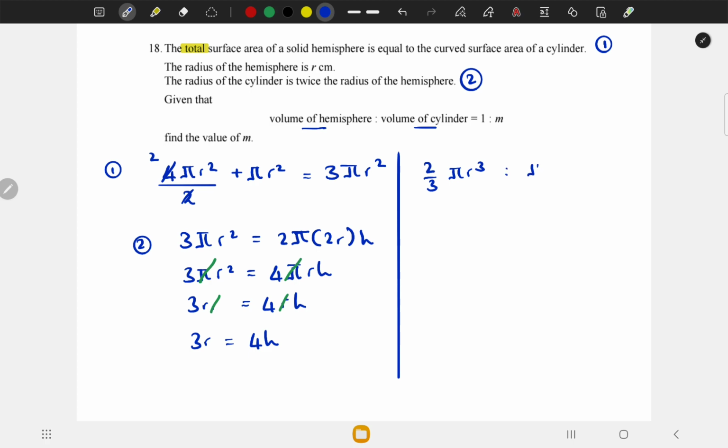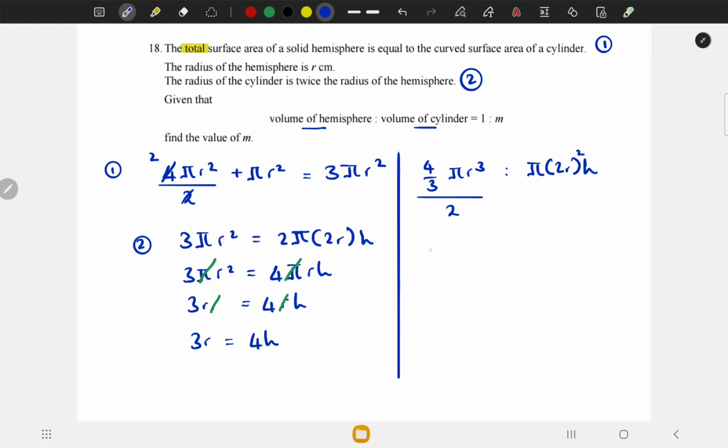Volume of a cylinder is pi r squared h. Something to keep in mind over here: I could leave this like this just for working sake, but the radius was twice the radius of the hemisphere, so we're supposed to be using 2r here as well. Okay.